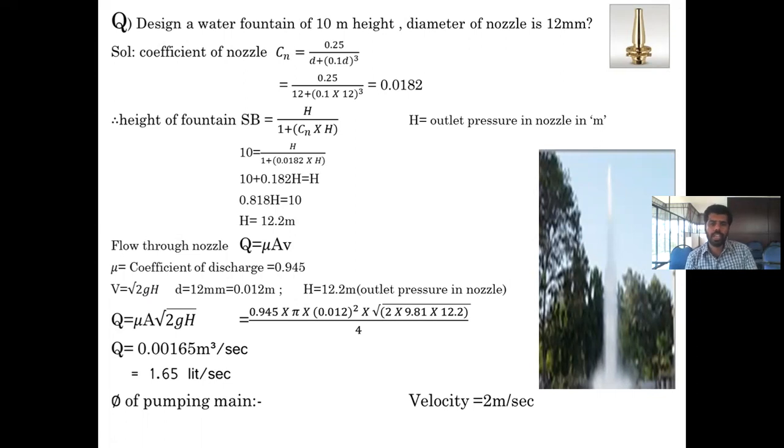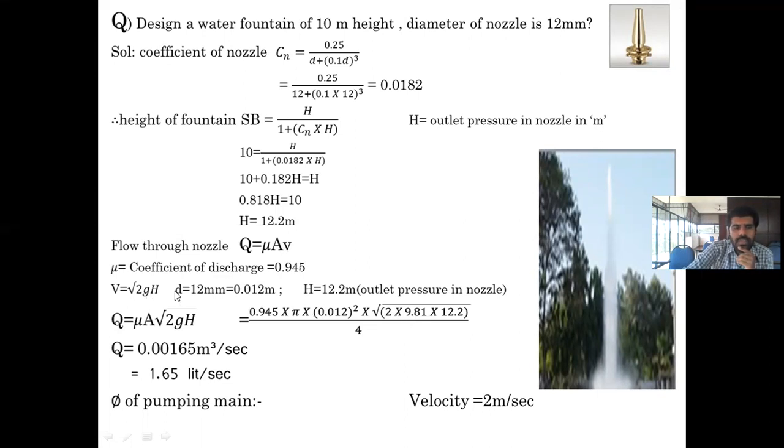The diameter is 12 mm, which converted to meters is 0.012 meter. So pi by 4 d square into root of 2 into 9.81 into h.